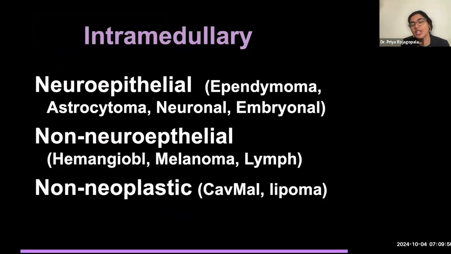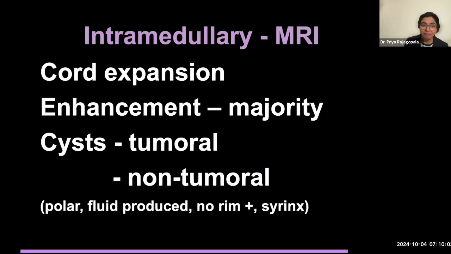Okay, so intramedullary tumors. Now, these, depending on the cell origin, can be all of these ones we just saw, right? And how do they present on an MRI? MRI is going to be the mainstay for assessing. The CT may show some expansion, but when it comes to the actual details, MRI is going to be the primary modality of choice.